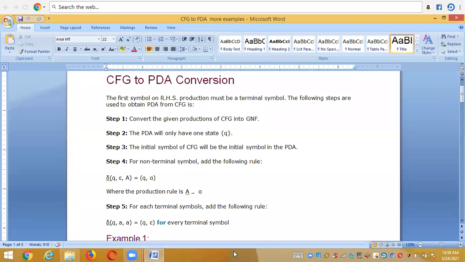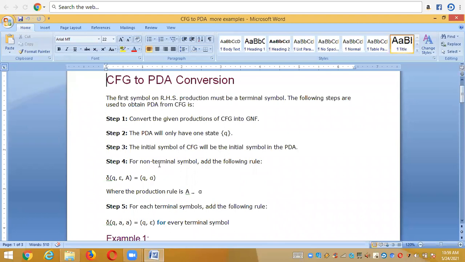And now see some of the examples of CFG to PDA conversion. And here the first symbol on the RHS of the production must be a terminal symbol. That means the following steps are used to obtain the PDA from CFGs. Step 1, convert the given productions of CFG into GNF. Step 2, the PDA will only have one state. Step 3, the initial symbol of the CFG will be the initial symbol in the PDA.